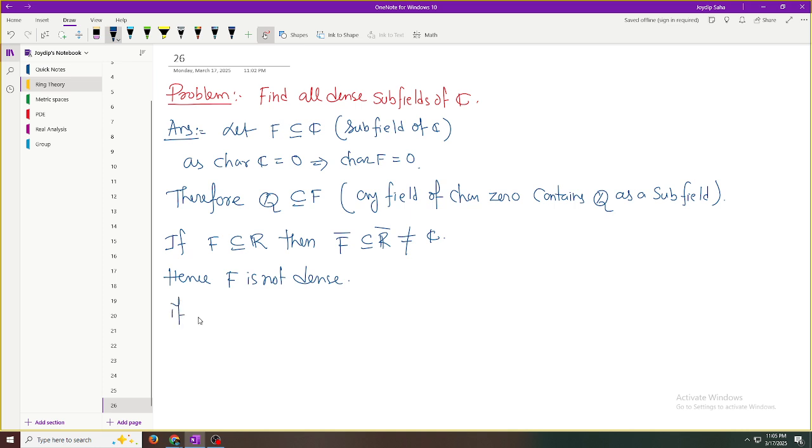If F is not a subset of R, then F minus R is non-empty. Pick alpha belonging to F minus R. This implies the imaginary part of alpha is not 0.